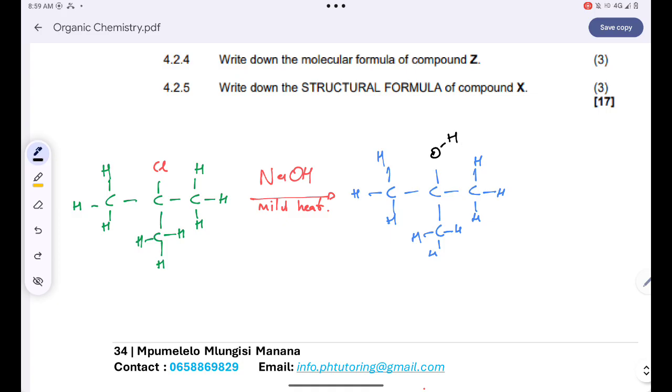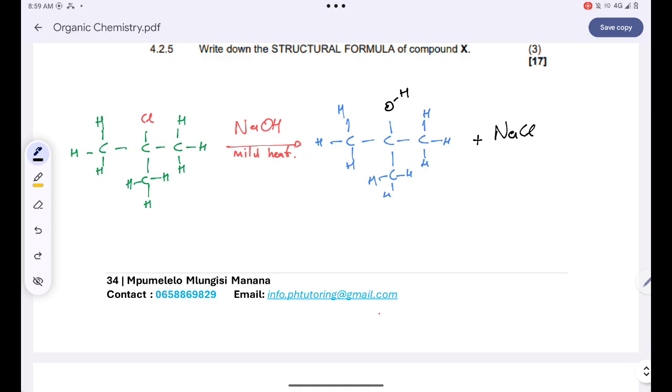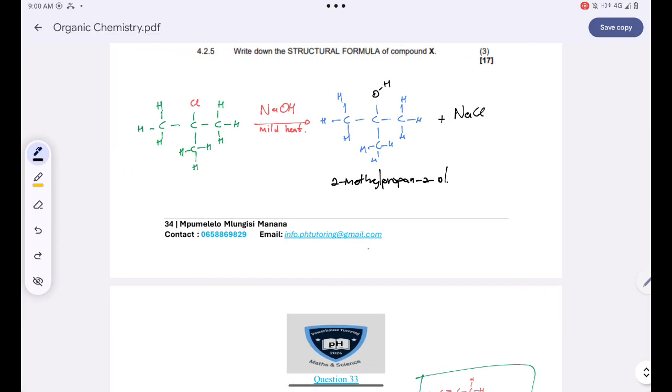Since the Cl and the OH have switched places, the inorganic product which will be formed is sodium chloride. And then the IUPAC name of my alcohol which is formed, I simply have 2-methylpropan-2-ol. And this type of alcohol is a tertiary alcohol, né?